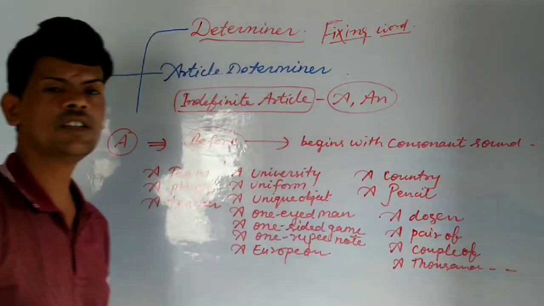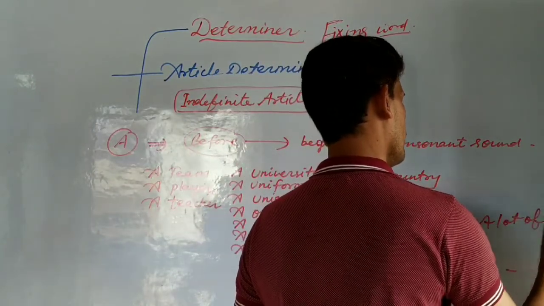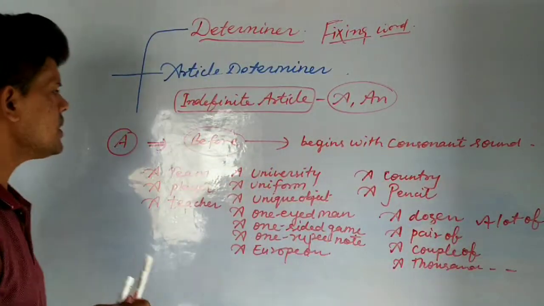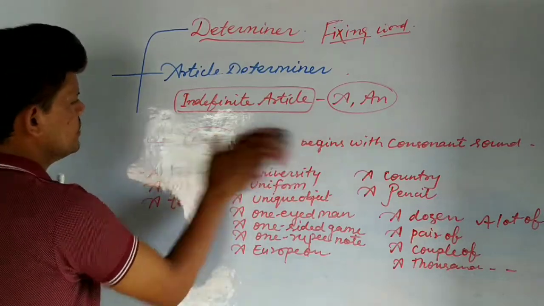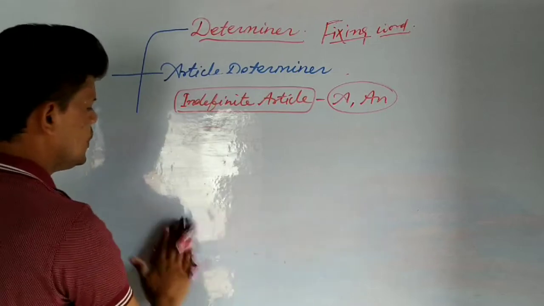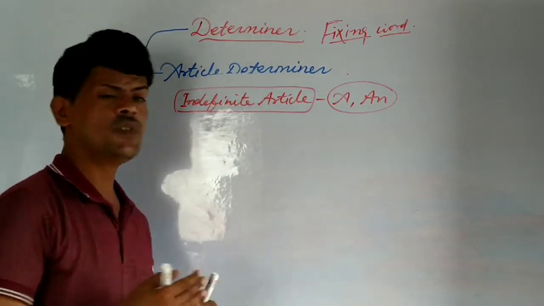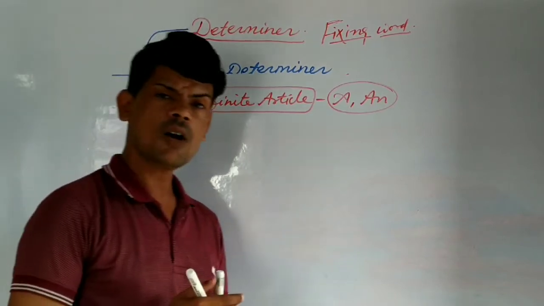Okay, in this condition, a lot of. Okay, students, just after that, an. Where do we use an? We use an before the words which begin with vowel sound.